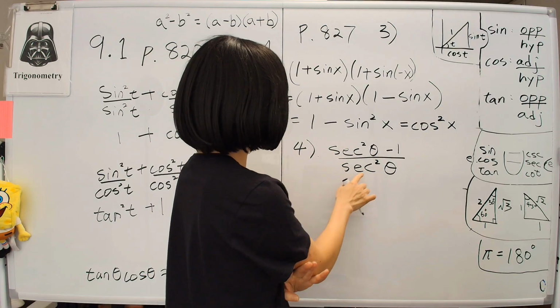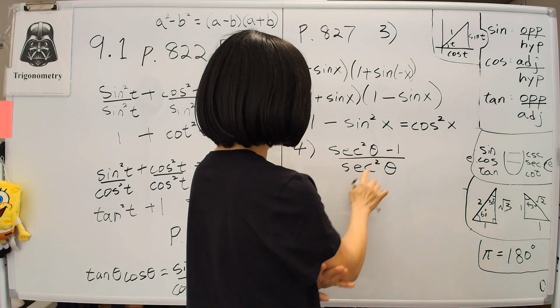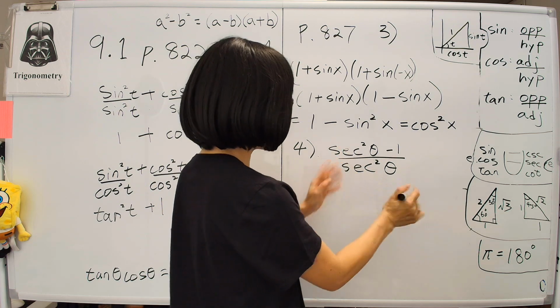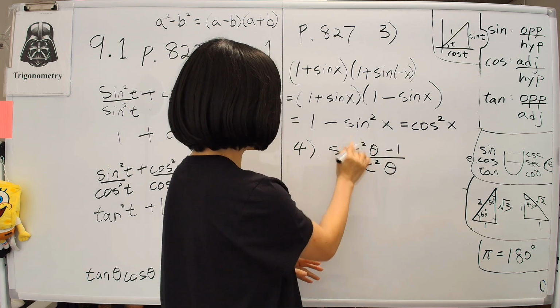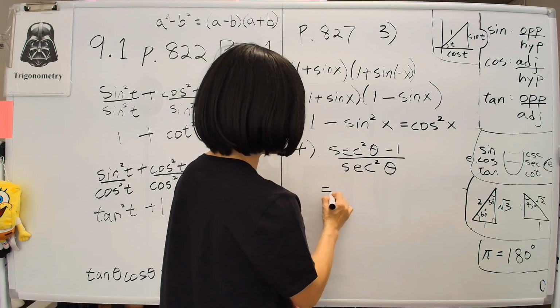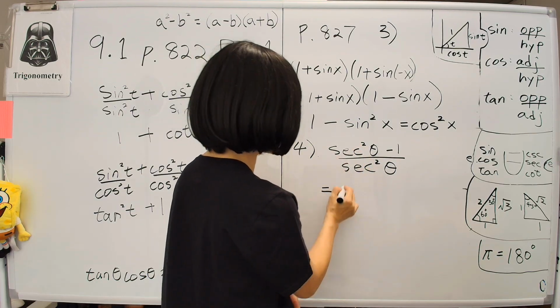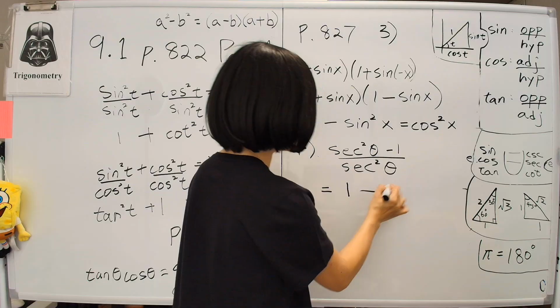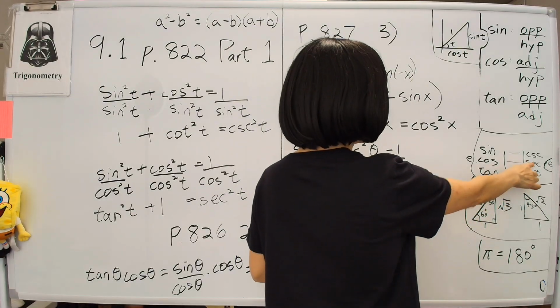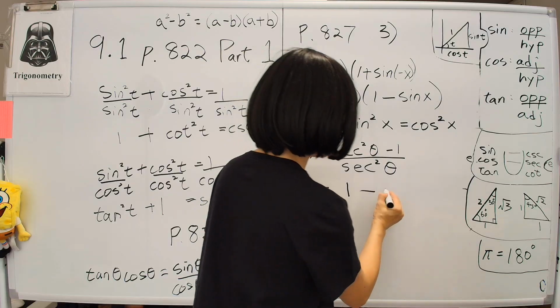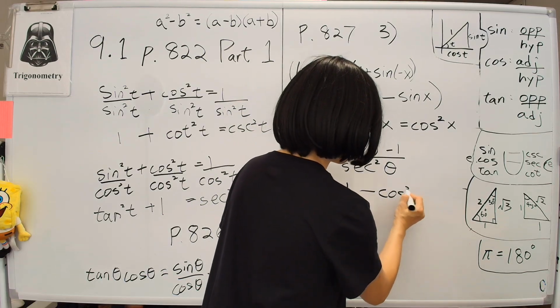It's secant squared theta minus 1 divided by secant squared. So we're going to break it into 2 parts. So the fraction, with the first one, so this is equal to, the first part is secant squared over secant squared, which is just 1, minus, and the second part is 1 over secant squared. Now 1 over secant is cosine, so that would be 1 minus cosine squared theta.